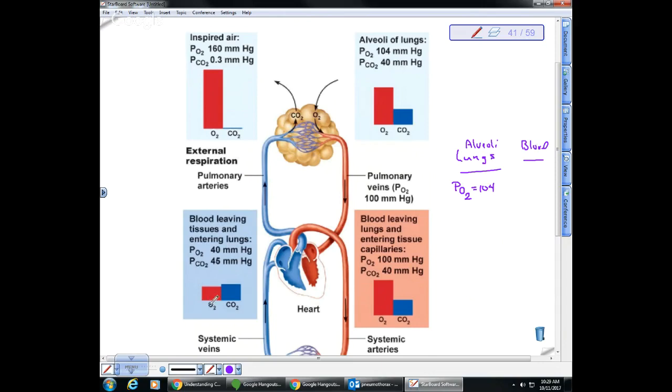In the blood coming in, the PO2 equals 40. So that difference in partial pressure is 104 minus 40, and it's positive. What that means is that oxygen is going to diffuse from the alveoli into the blood.